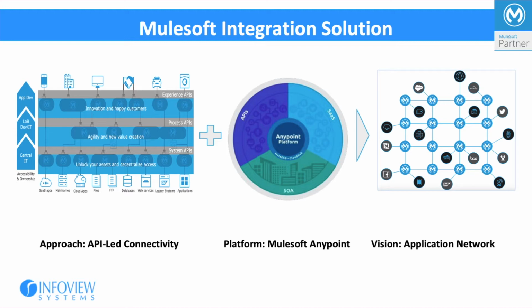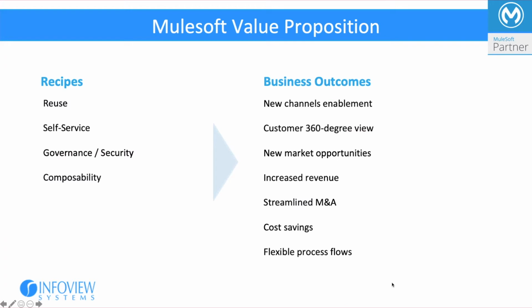The process of integration is simplified with a huge network of application data and devices connected by reusable APIs and accelerators, whether on-premises or in the cloud. So that's basically the integration solution to modernize those legacy systems, and we will discuss in further slides how we can achieve that.